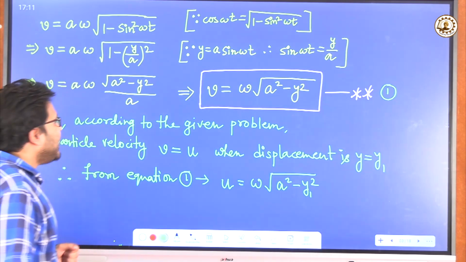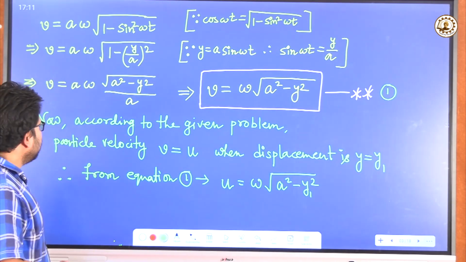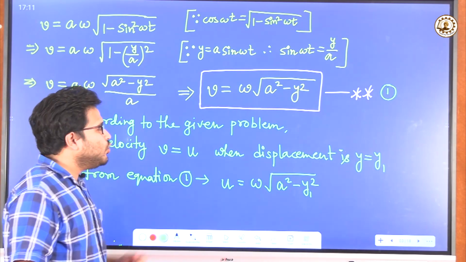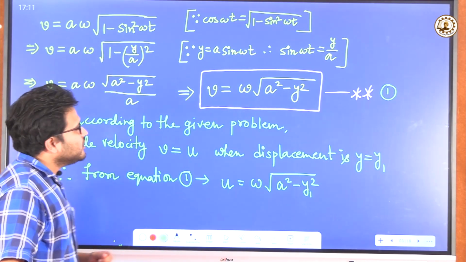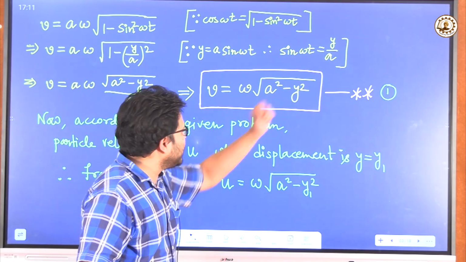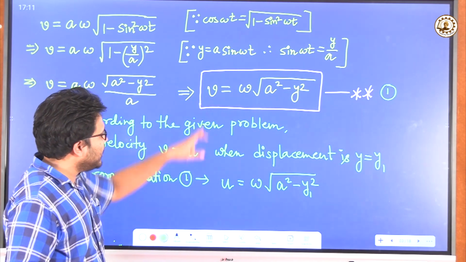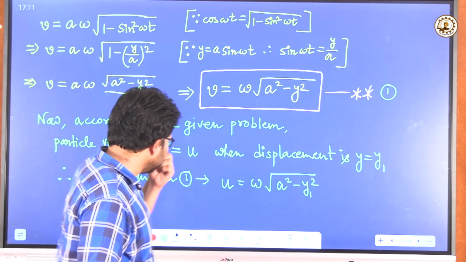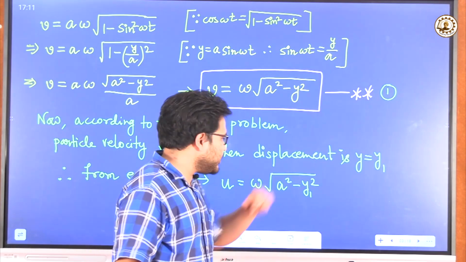Now according to the question, the particle's velocity is u when its displacement is y1. If we put these values in equation 1, in the place of velocity v I write u, and in the position of y I write y1.